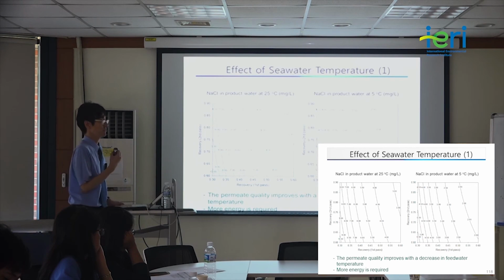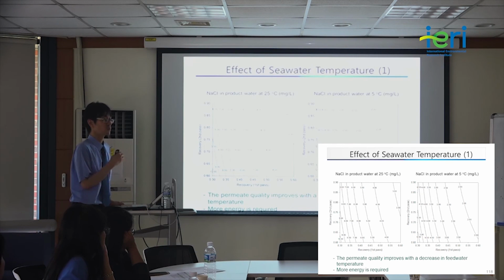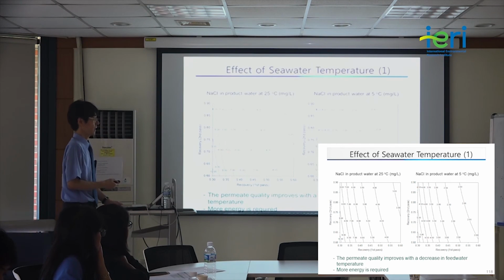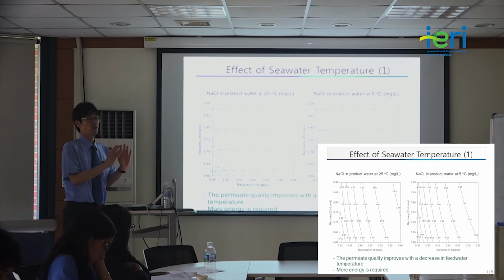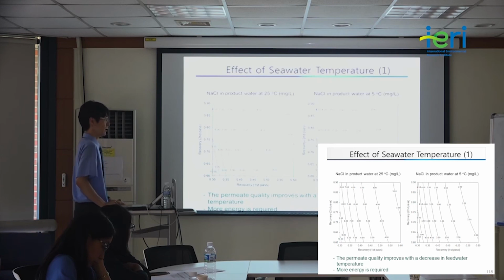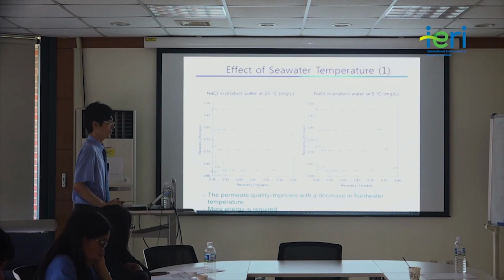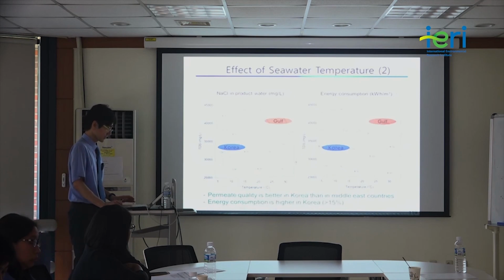Again, as I already explained, salt rejection is improved by reducing the feed temperature. This is because the membrane becomes tighter at lower temperature. So in terms of salt rejection, lower temperature is better.